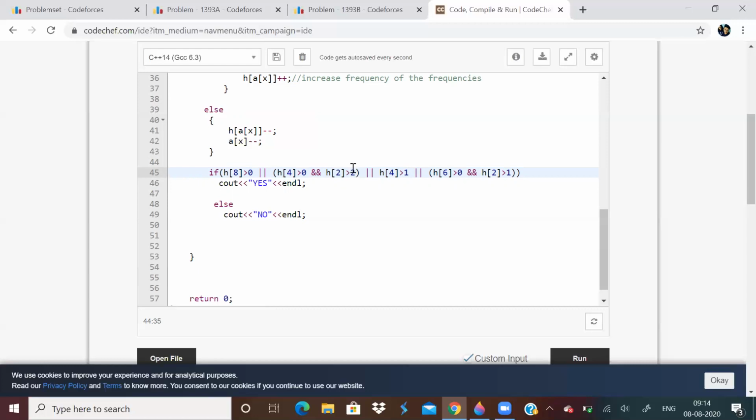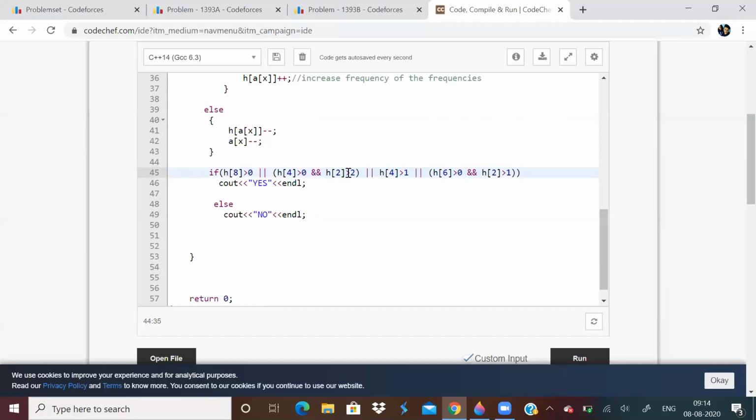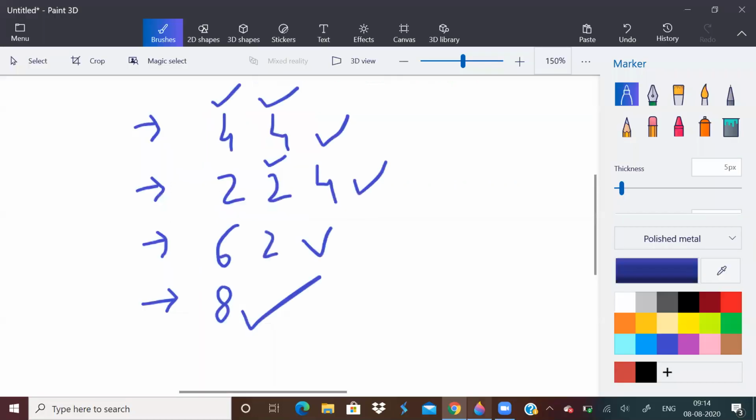What will overlap? When you're calculating the frequencies, you might have calculated the frequency of the same element. That means you might have calculated the frequency of the same Planck, which was having frequency 2 and it became 4. We do not want those conditions. All these frequencies are for different elements.